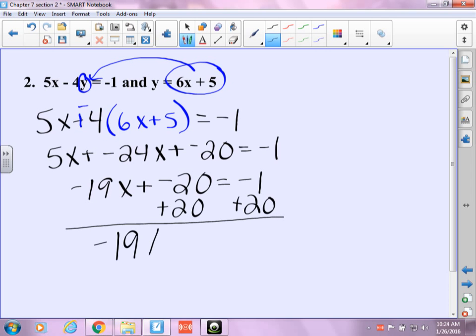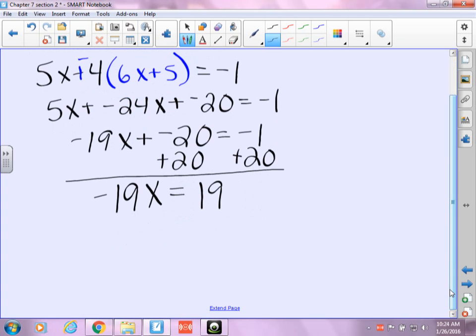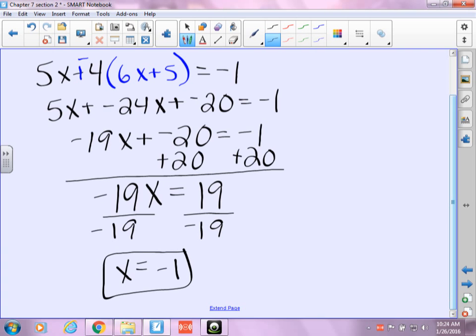Negative 19x equals 19. Now what? Divide by negative 19. Why negative 19? The number in front of the x, and I'm trying to get x by itself. Right, so what do I get? Negative 1. So x is negative 1, and I'm done, right? I found my negative 1, I'm good, right?